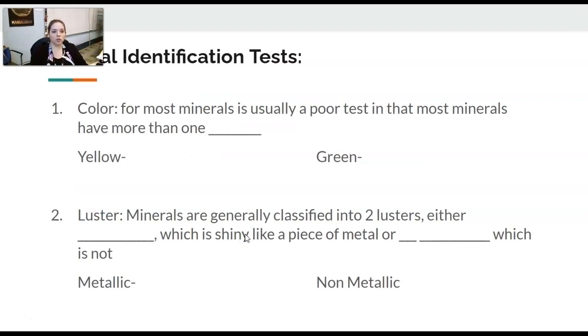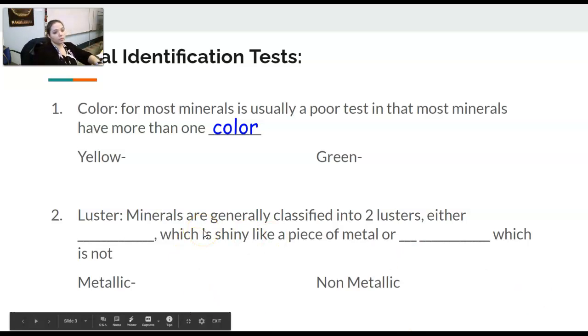All right, so the identification test. We did talk about this last time. Color. Color is usually a poor test in minerals because a lot of them have more than one color. How do you know? If you look just at talc over here in the colors, it says white to green. It doesn't have just one color. It's got a couple colors.